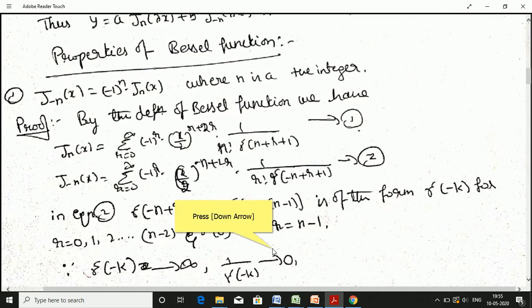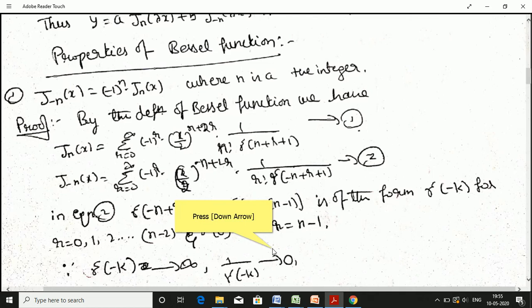In equation 2, gamma of minus n plus r plus 1 is equal to gamma of r minus of n minus 1. Minus n plus 1, in those two minus have taken outside, minus of n minus 1 is of the form gamma of minus k, for r equal to 0, 1, 2, 3 up to n minus 2, and gamma of 0 for r equal to n minus 1.